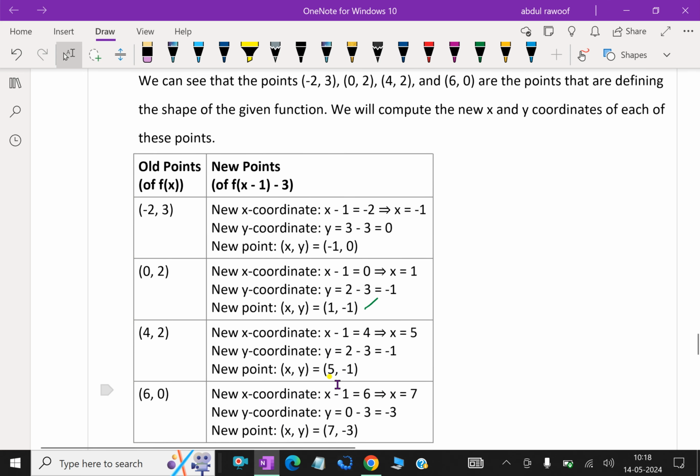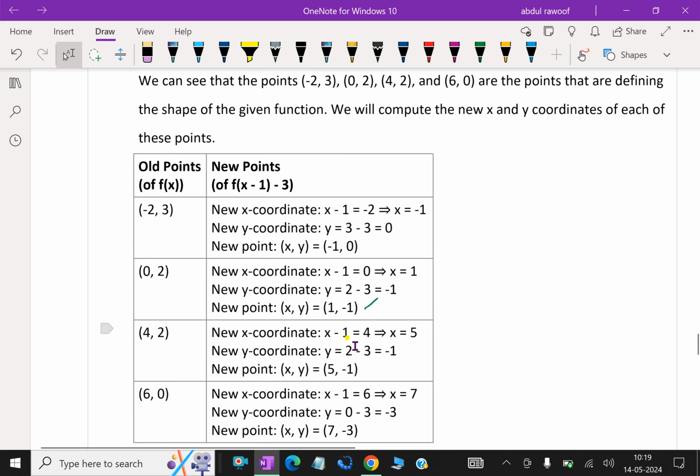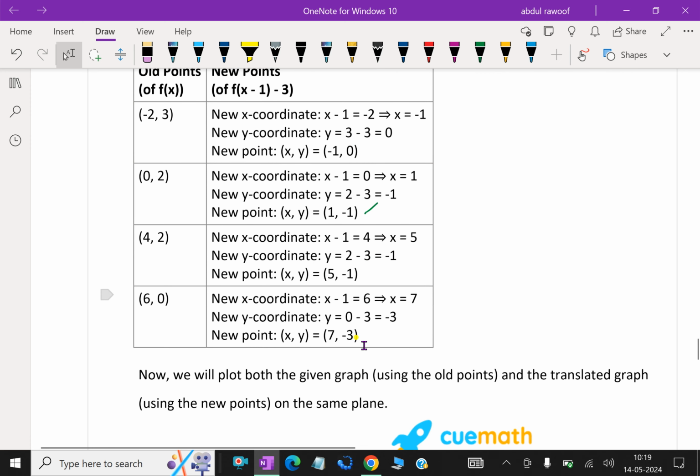The third point similarly becomes (5, -1). X is 5, y is -1. And this is (7, -3).